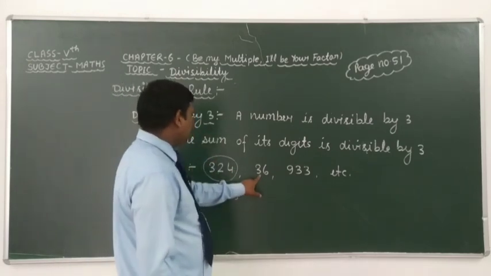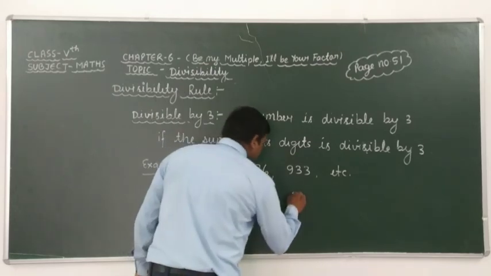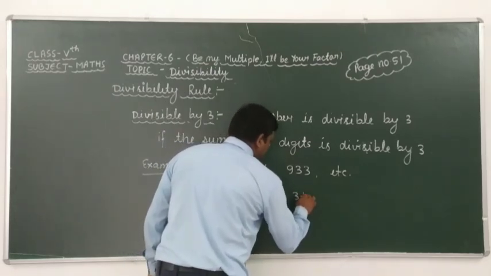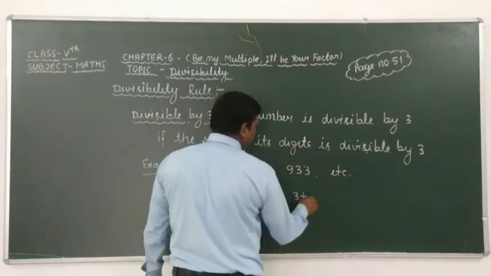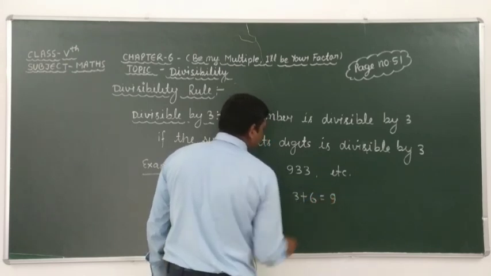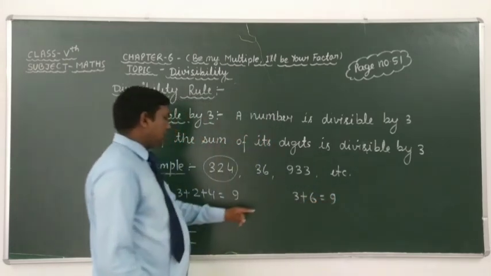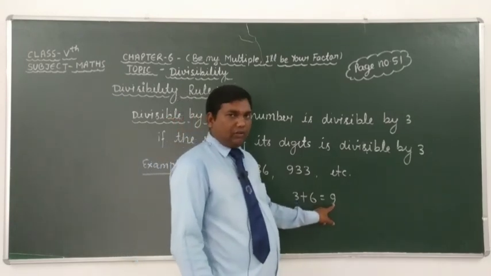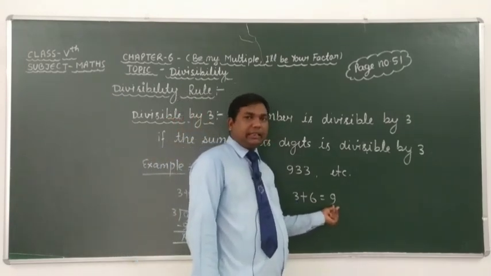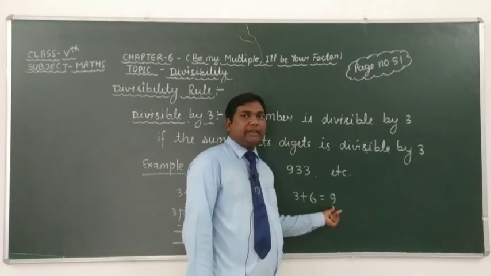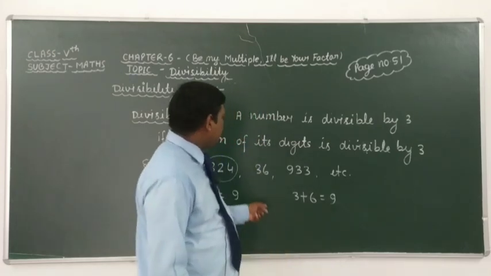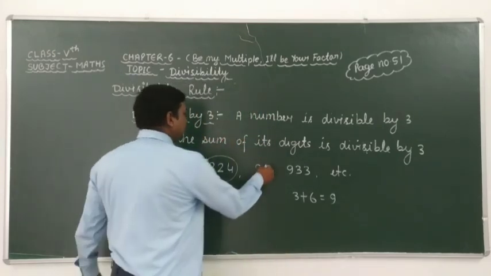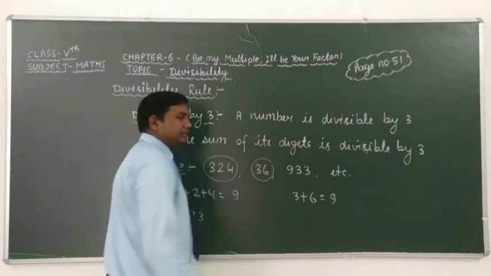Here given 36, the sum of its digits is 3 plus 6 is equal to 9. We know that 9 is divisible by 3, therefore we can say that 36 is divisible by 3.